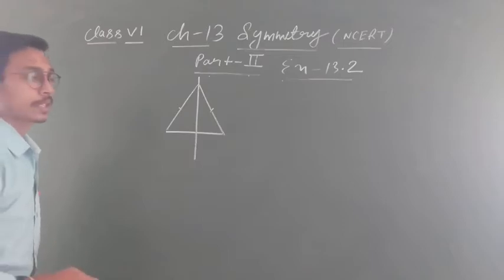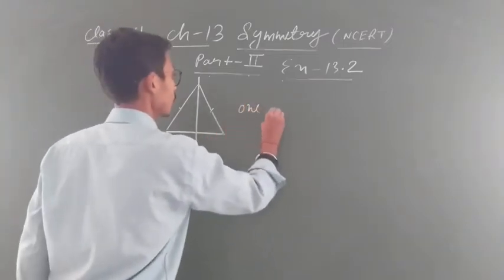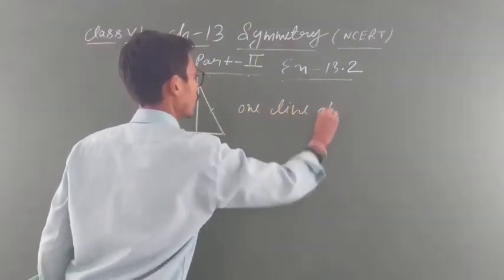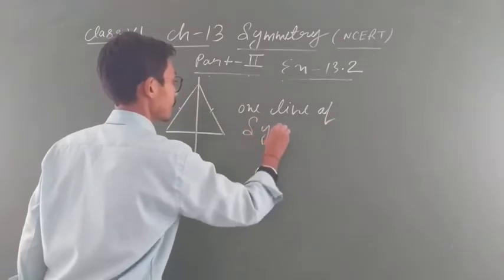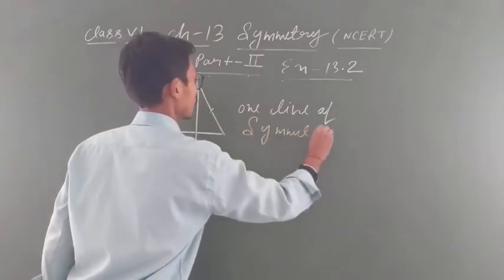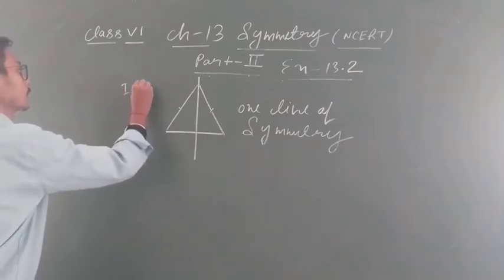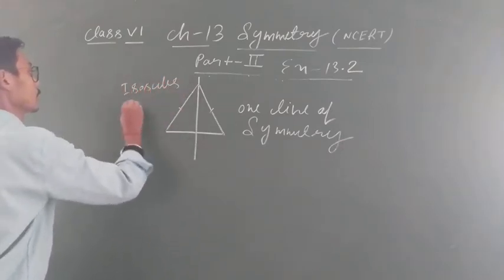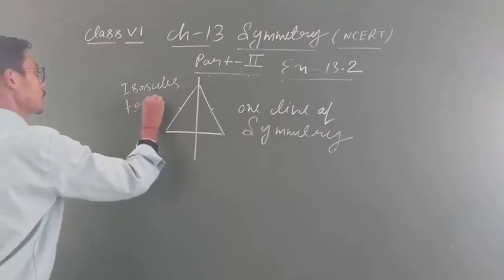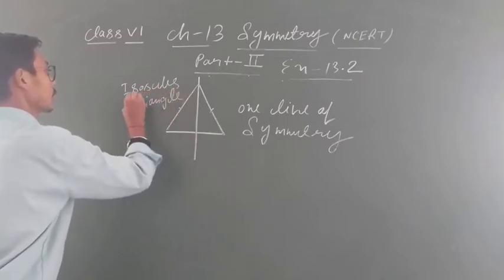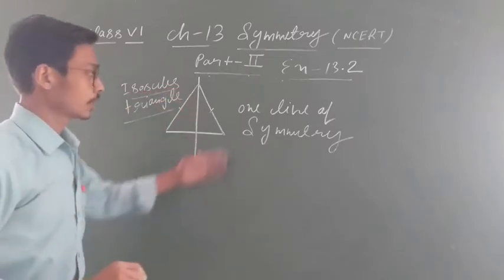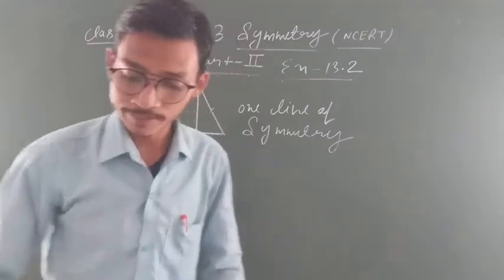Only one line of symmetry. ठीक है ना? And this is what? This is an isosceles triangle. Okay student? So in this only one line of symmetry.